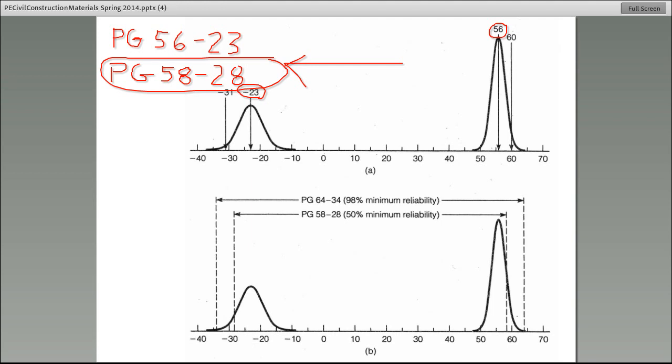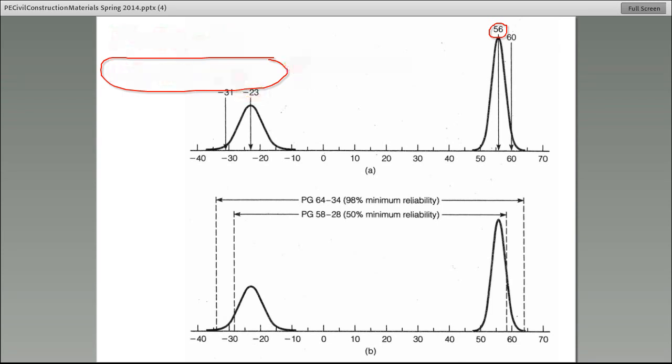All right. Very quickly, I want to show you for 98% reliability. For 98% reliability, what do we do? In order to get 98% reliability, we need to move away from the mean 2 standard deviations.